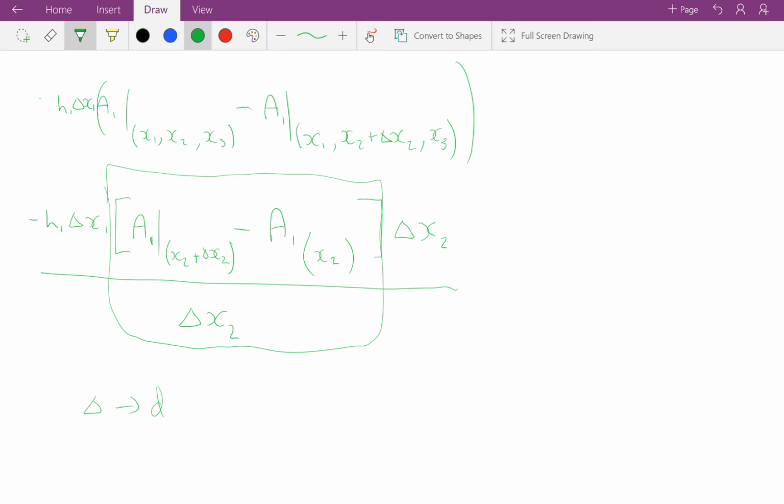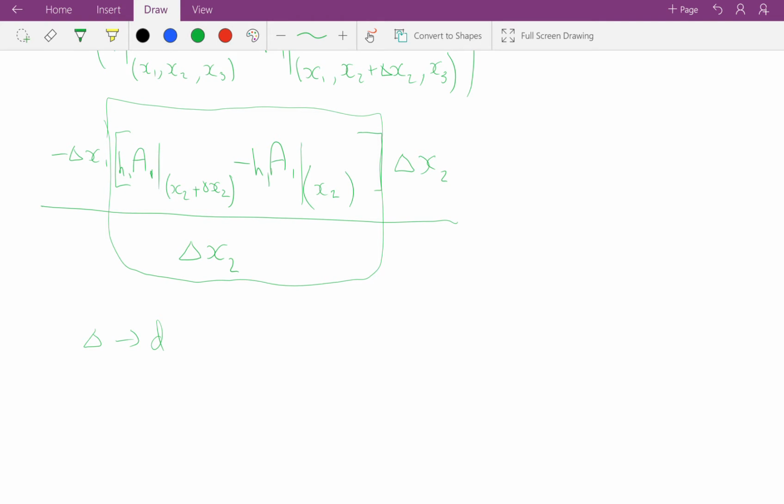Actually, we need these h1s to be inside, because they are going to change depending on where they're evaluated. So we're going to have this formula here.